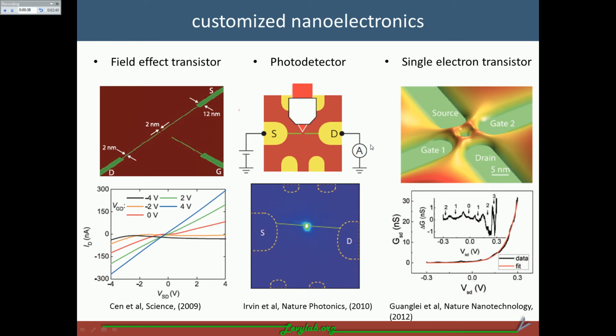Also, we can make a single electron transistor at the interface, as shown here. An isolated conducting island is created in the interface, which we think of as a quantum dot, and by applying the gate voltage, we can see single electron transistor behavior between the source and drain.